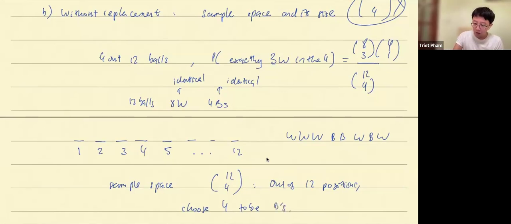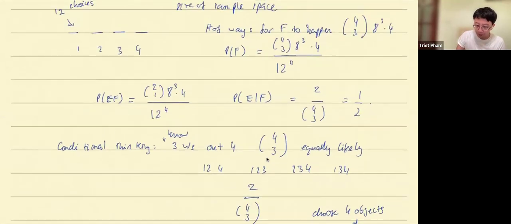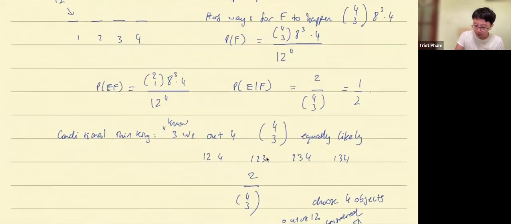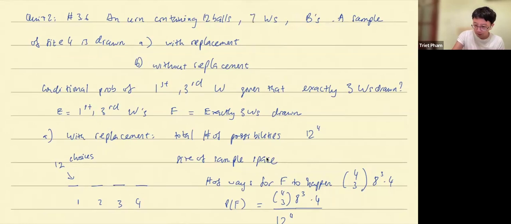Right here, when we write 12 choose 4, we're thinking of picking 4 objects out of 12, in the sense of the sample size being 4. You see, it's kind of a coincidence that there are 4 blacks and the sample size is also 4. But if you switch these numbers slightly, let's say 7 whites and 5 blacks, then the same question can be asked.